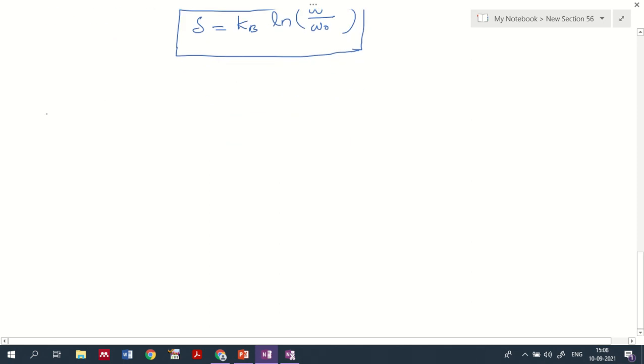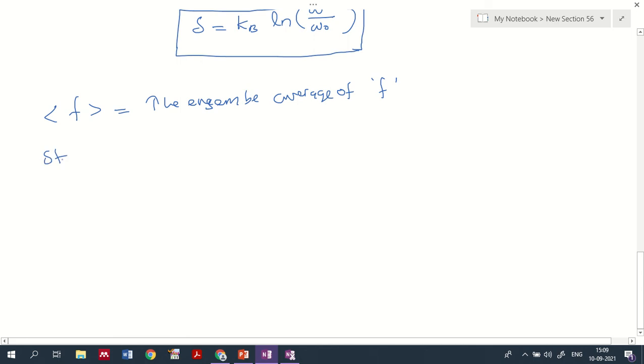Also, when you consider the ensemble average of any function, this function can be a number or a volume. It is the ensemble average of a function f.